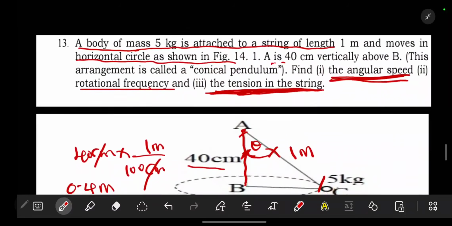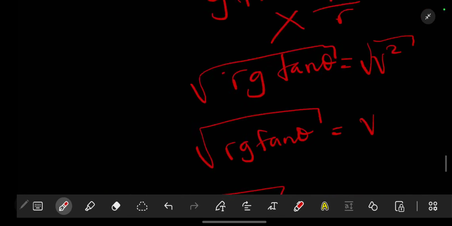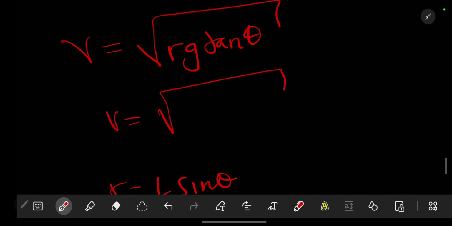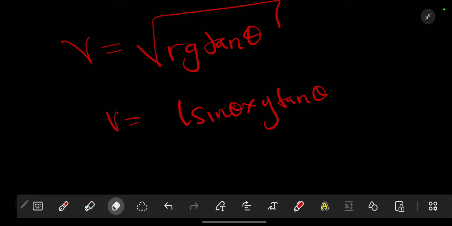I've already explained why: if this is our L, the opposite carries the sine, and this opposite is the radius from here up to there. So you can replace where there is r with L sine of theta times g tan of theta. If you want, you can just find the value of r separately, then substitute.